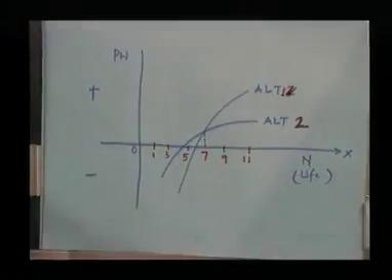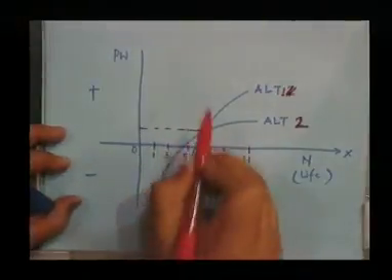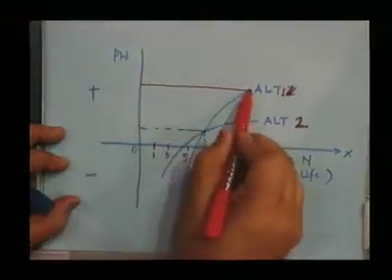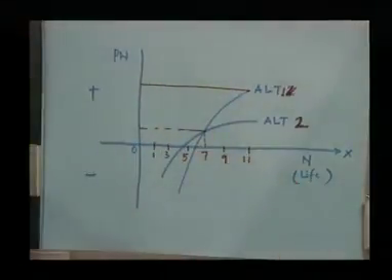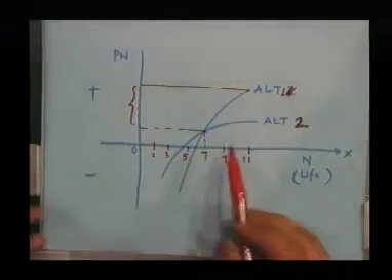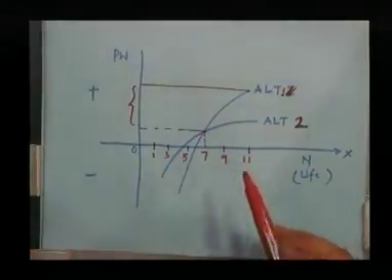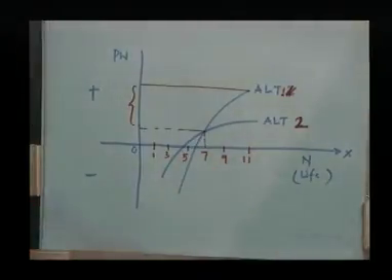If the life is more than say 7 years, it is better to go for alternative 2. Why? Because for alternative 2, you find a higher net present worth. From year 7 onwards, we are getting high net present worth for alternative 1.